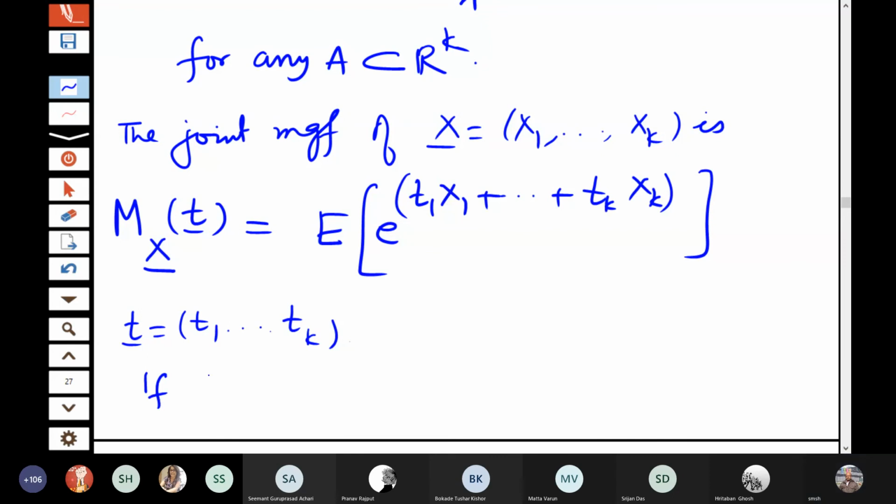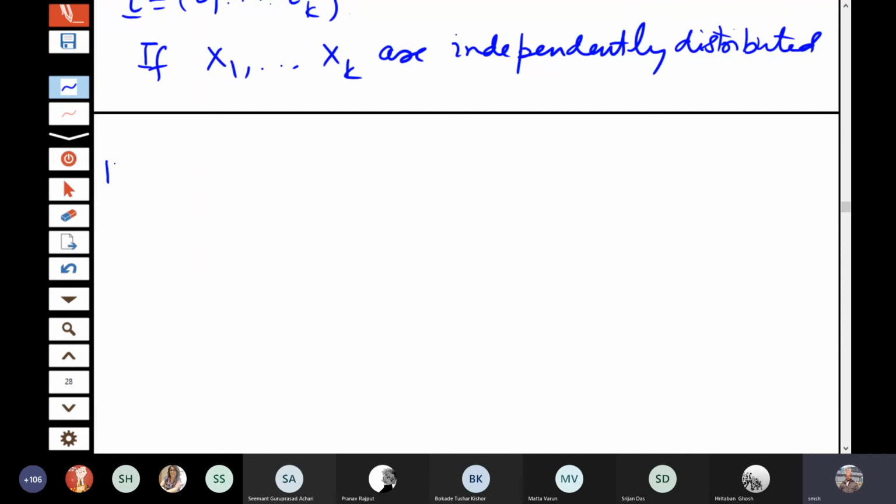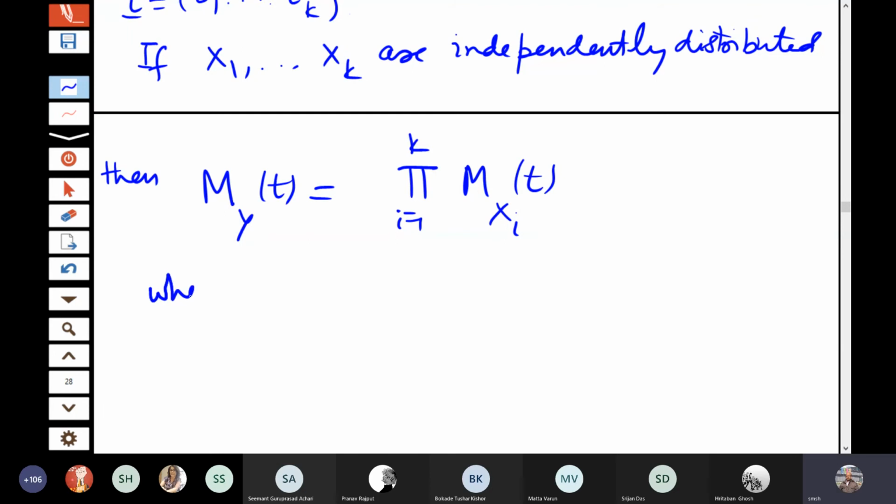Also, if the x1, x2, xk are independently distributed, then the moment generating function of the sum is equal to the product of the MGFs, where Y is the sum of the Xi's. So the moment generating function of the sum is equal to the product of the MGFs if the random variables are independent.